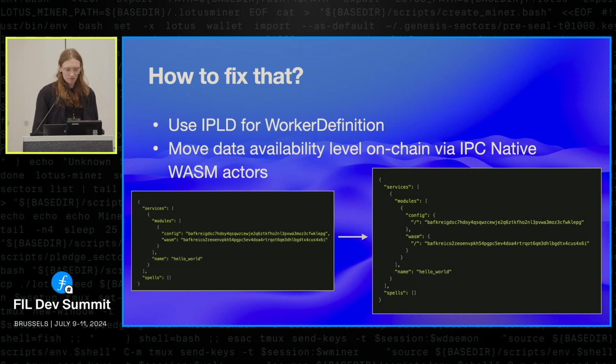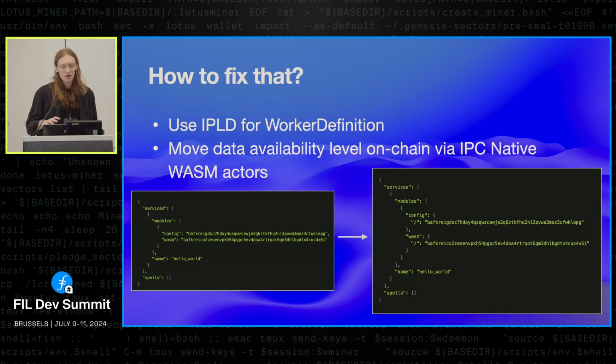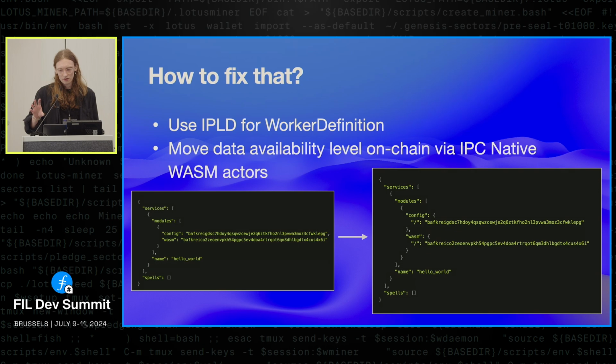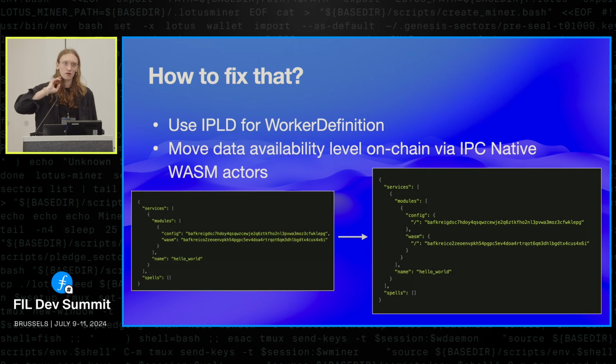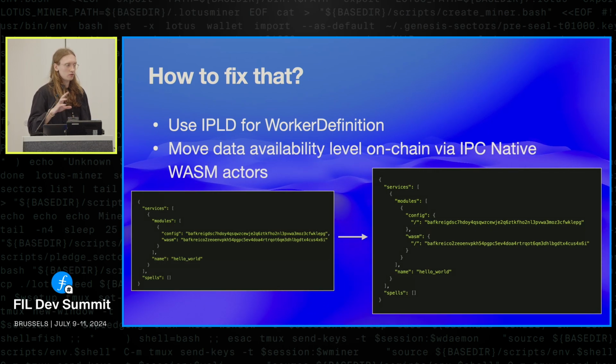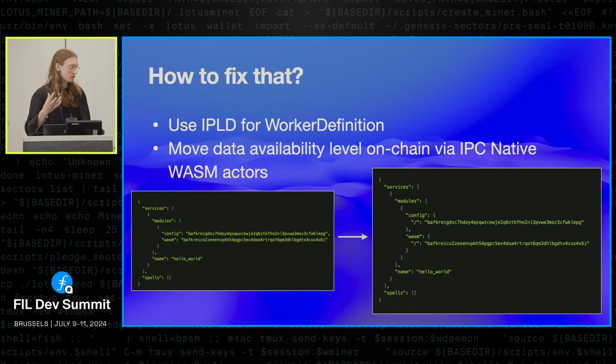So basically, our worker definition is almost in IPLD and DAG-JSON format, so it's easy to change the format and make it compatible with IPLD. And also, the most important second thing is that we can store all the worker definitions, all the WASMs, all the configs in on-chain state storage in IPC. So we can make it accountable, we can make it sustainable.